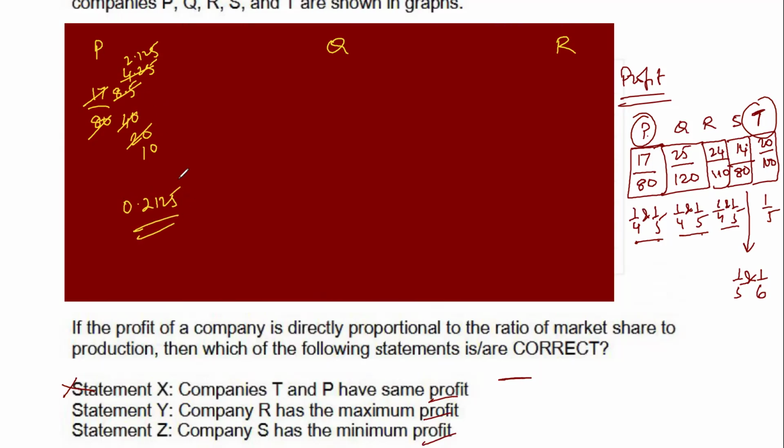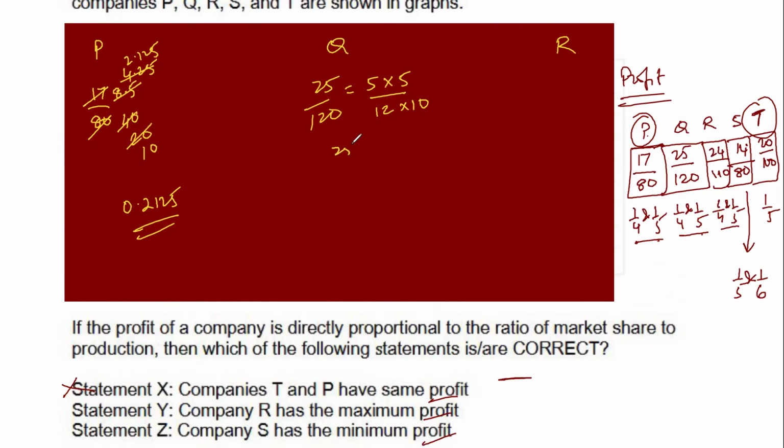That is P. Q is 25 by 120. So 5 fives are 25, 5 twenty-fours are 120. So we get 5 by 24. So I'm trying to get a 10 below. So I can reduce it as 5 into 5 upon 12 into 10. So at least I got a 10 separated.